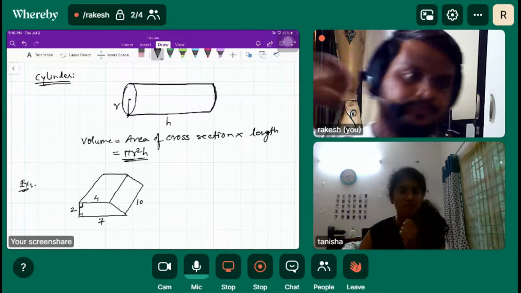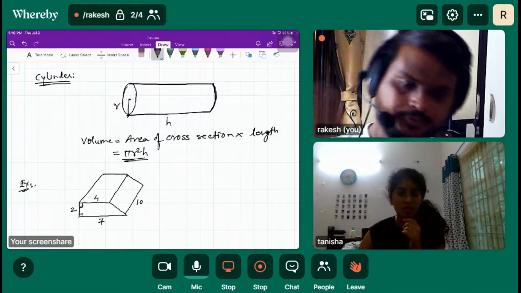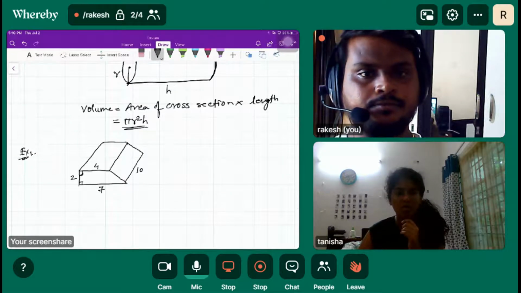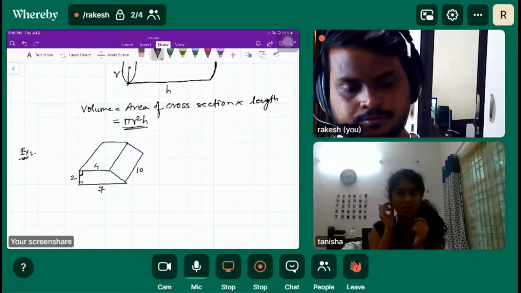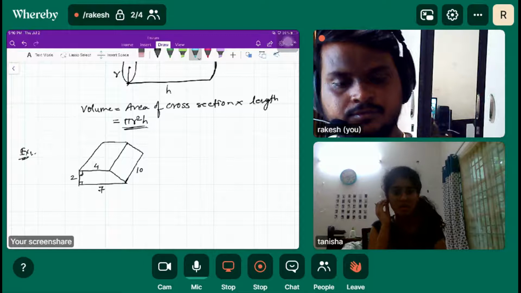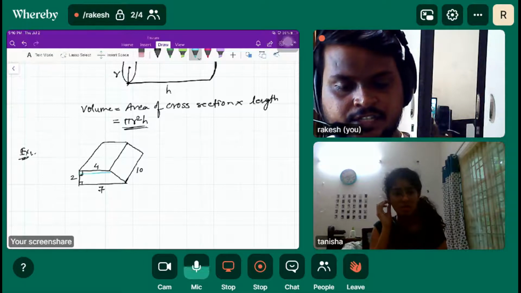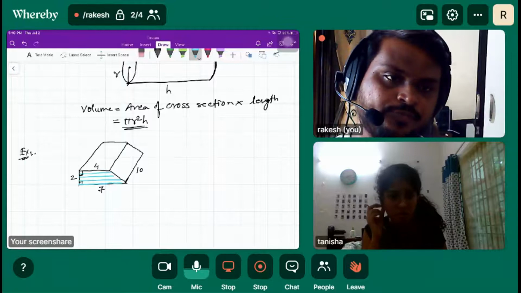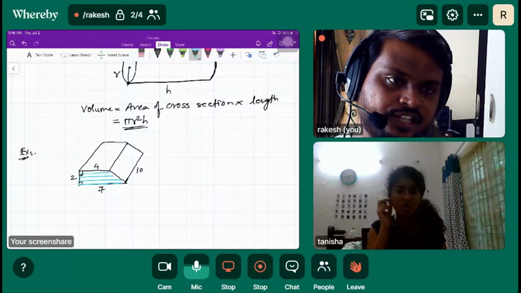Find it out. So what is the area of... how do you find the surface area of this shape? Yeah, no, volume you have to find out. This is your cross section. Okay, this is the cross section area.